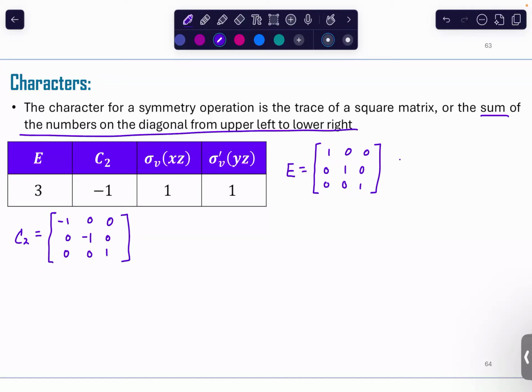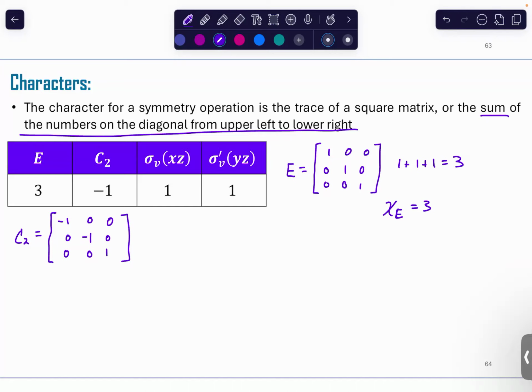So for your E, 1 + 1 + 1 = 3. So that's going to give you your character 3. And what I want you to start realizing is the notation for this. So again, if you're ever reading and you see it, it's the Greek letter chi. They use that to represent character.